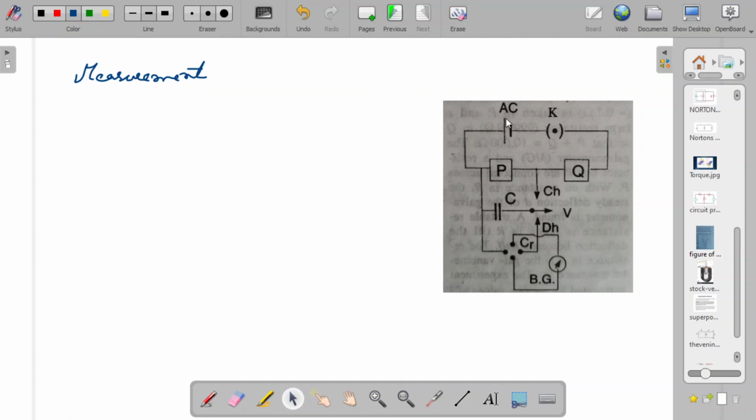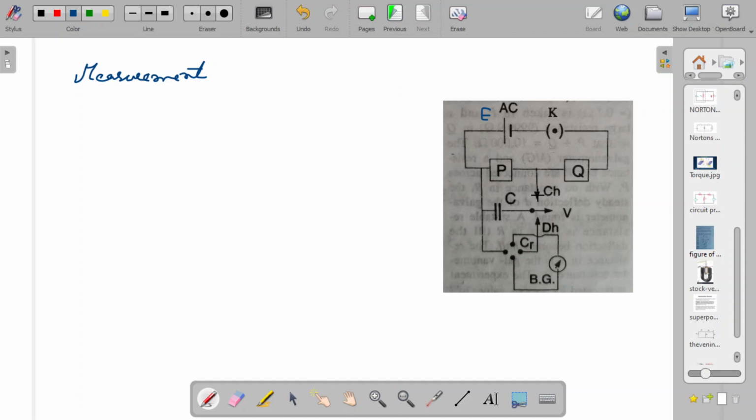So you have the accumulator here which produces an EMF of say E. You have the key here, and in the primary circuit you can see you have P and Q. They are two resistors connected in series, and then a capacitor C connected across, with a charging-discharging key setup.